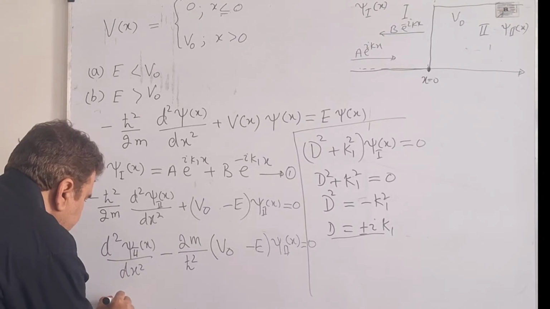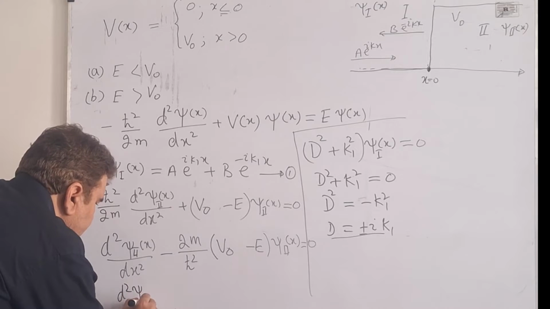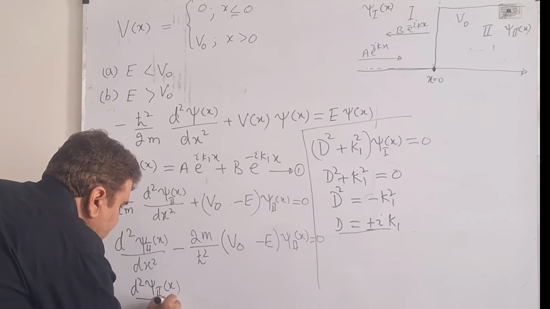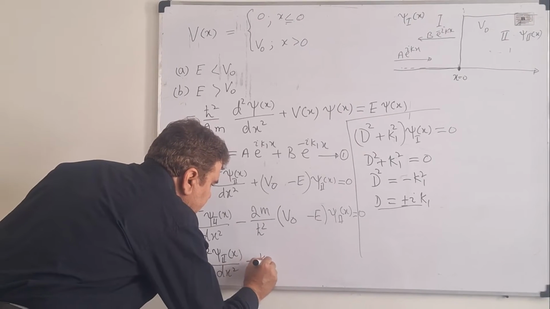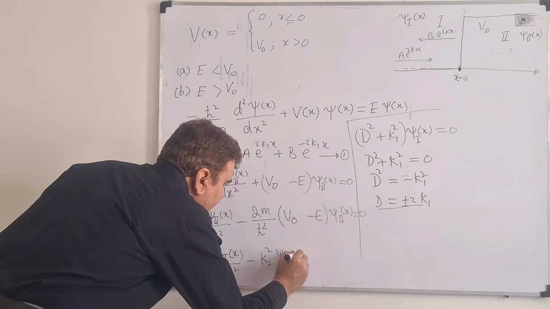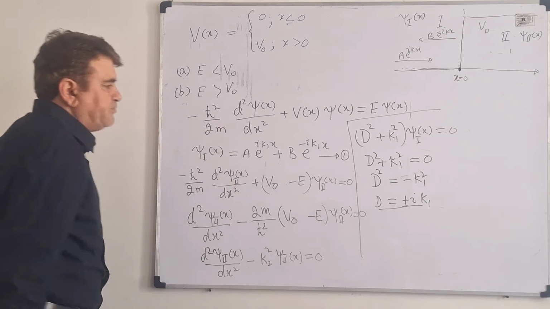So I put the equation into this form: d squared psi 2 of x divided by dx squared minus K2 squared psi 2 of x equals 0.